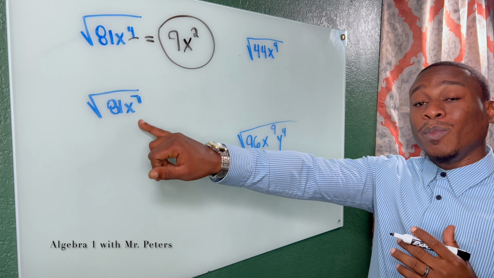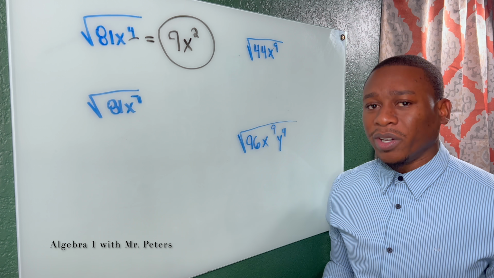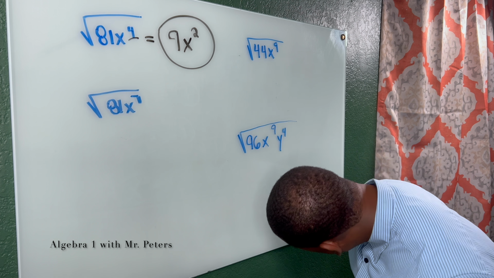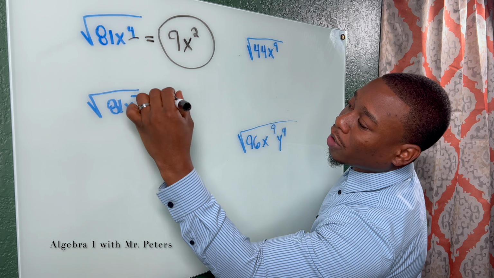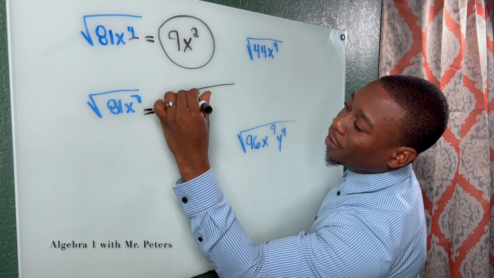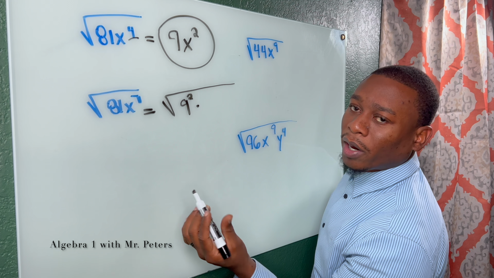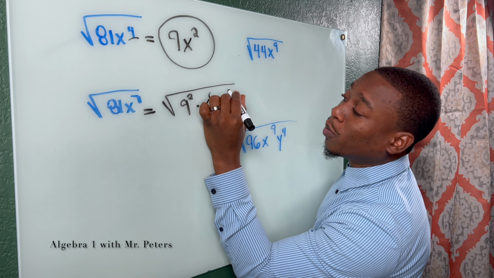Now we have the same exact problem, but they changed the exponent to an odd one. Does that really change the problem? No, no, no, no, no. Let's say we just wrote everything out, right? So let's write this all out. We have 9 squared times, and we follow Mr. Peters' rule, right? Split it with the highest even exponent.